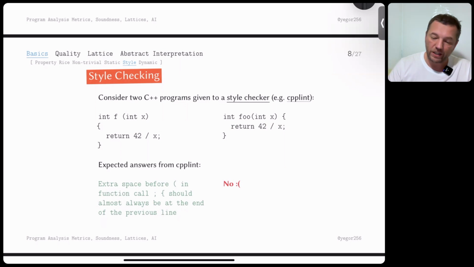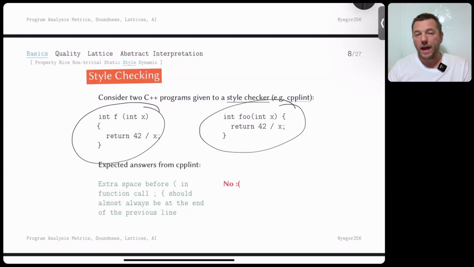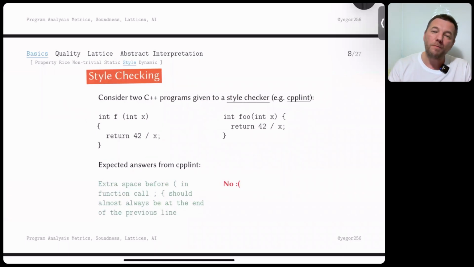So style checking looks at two different programs, for example this one and that one, and tells you what's wrong with the text. Both examples, the left and the right, compile and work. However, the left one is formatted the wrong way. So here I'm using cpplint.